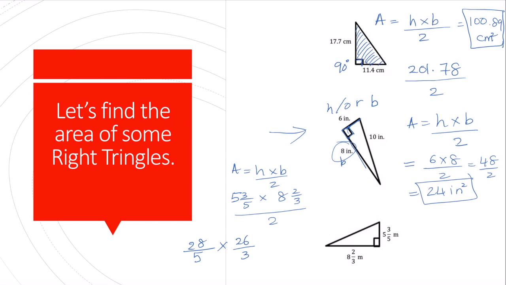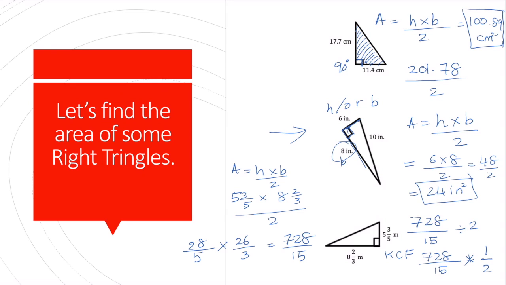So if I multiply this, can I simplify? No, I can't, so I have to multiply. If I multiply 28 times 26, I'm going to get 728 over 15. Before I simplify, I can start to divide. 728 over 15 divided by 2. So I'm going to do keep, change, flip: multiply by the reciprocal, and the reciprocal of 2 is 1/2.